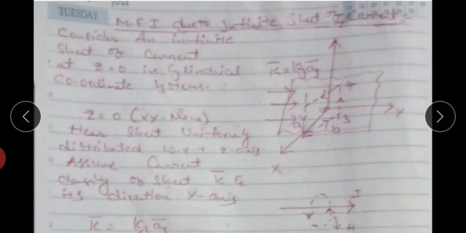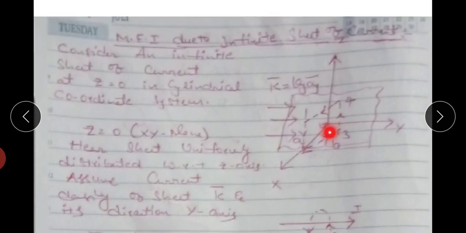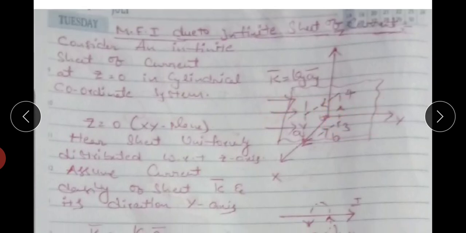So the current density becomes k bar equals ky into ay bar. This is the current direction. The current density direction is also the same direction; current density equals current by area. So k bar equals ky into ay bar. Assume the infinite sheet of charge is uniformly distributed with respect to the z-axis.